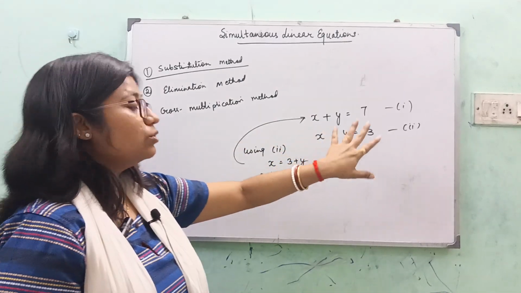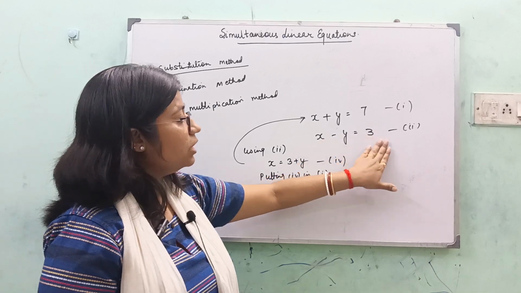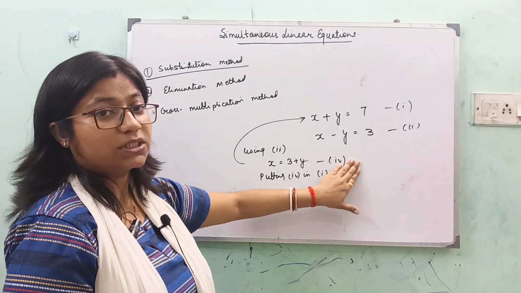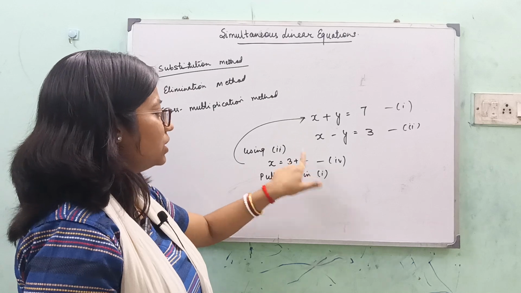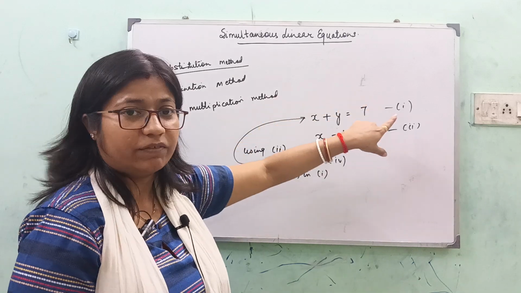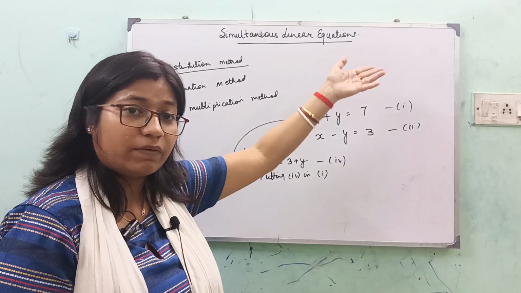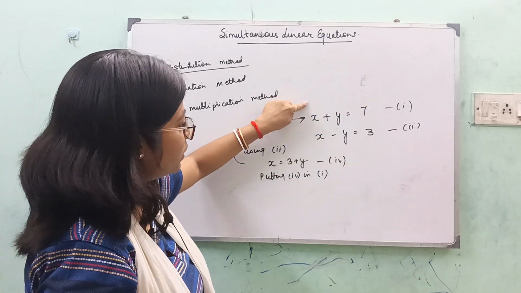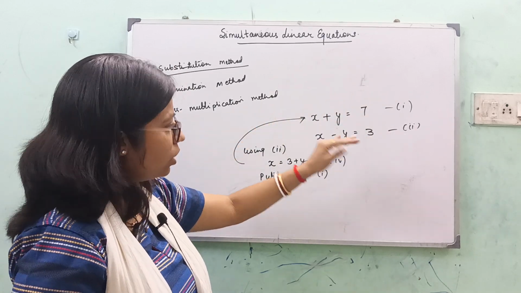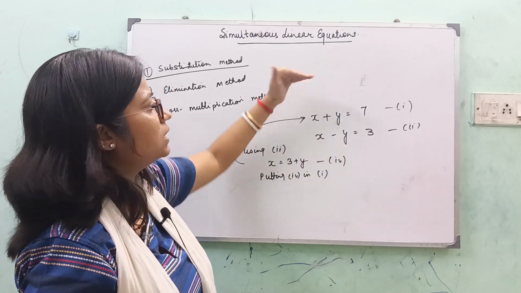Make sure whichever equation you are using to make a subject, after making the subject, you will place it in the other equation. Don't use the same equation, the other one. Either you can make a subject using the first one and then place it in the second one, or make the subject using the second one and place it in the first one.